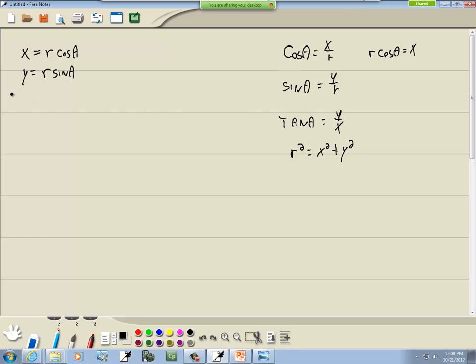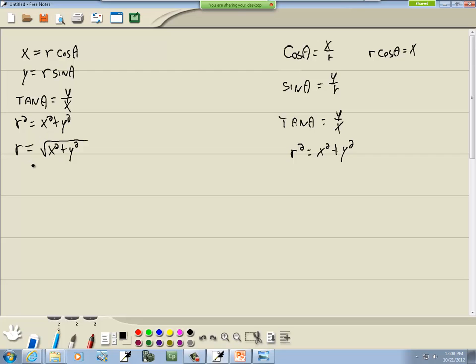Now we got this one already. Tangent theta is equal to y over x. And r squared is equal to x squared plus y squared. Now we could also drop the squared and put the square root around the other side. Now we don't worry about putting a plus or minus there because r is always positive for purposes of what we're looking at here.